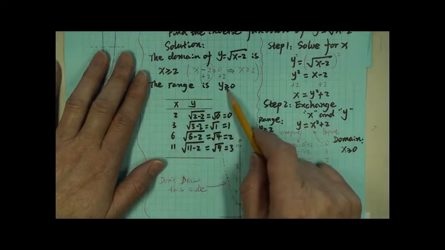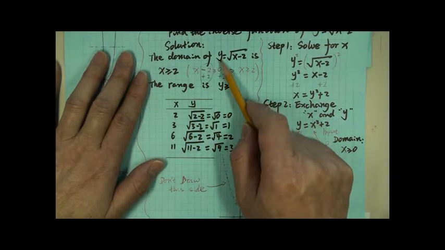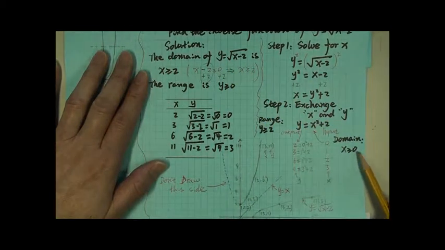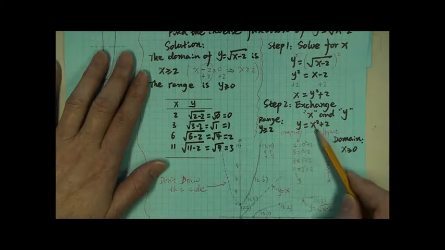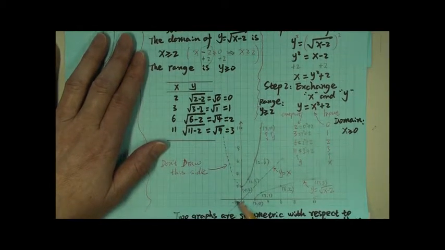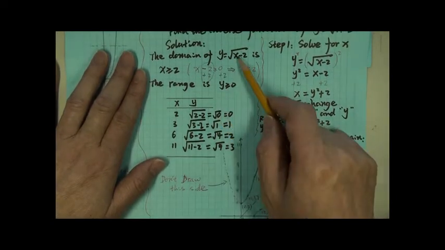Previously, we have a range greater than 0, okay? Because this y is not negative. It's greater than 0. Then the domain has to be greater than 0. Even if you put a negative number inside, it makes sense here, but if you consider the negative part right here, it's not going to be the inverse of this function.